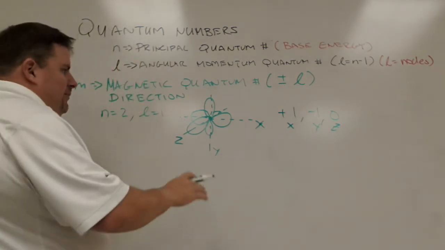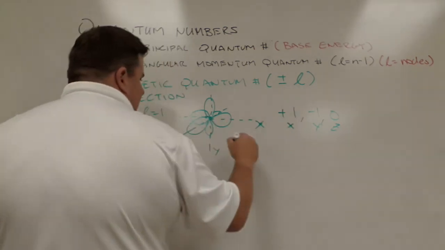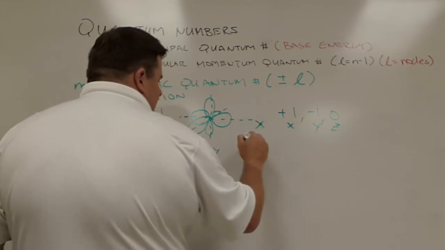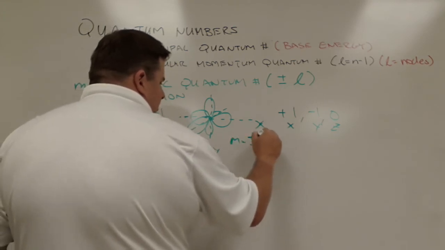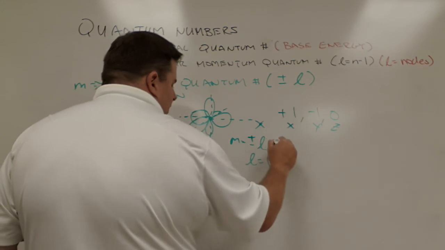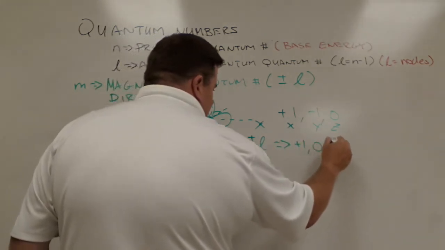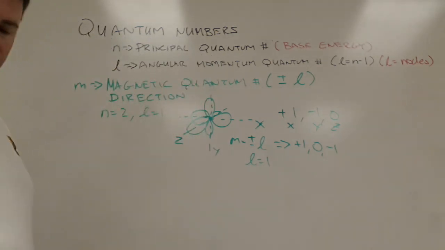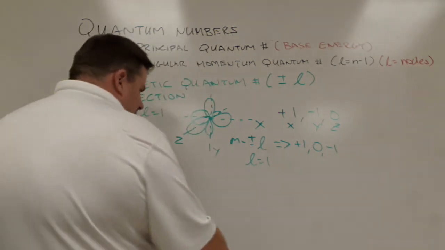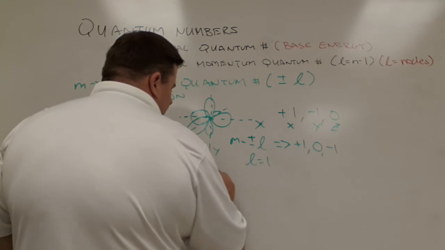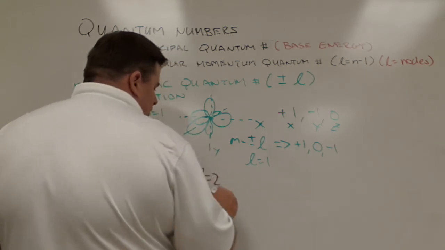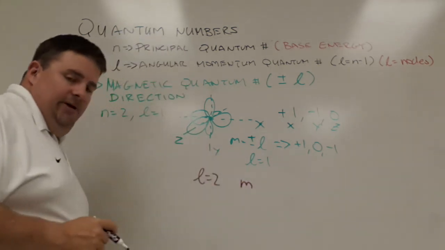So whenever I say m is equal to plus or minus L, where L is equal to 1, my m values are going to be plus 1, 0, and minus 1. If I have a value where L is equal to 2, what are my m values going to be?